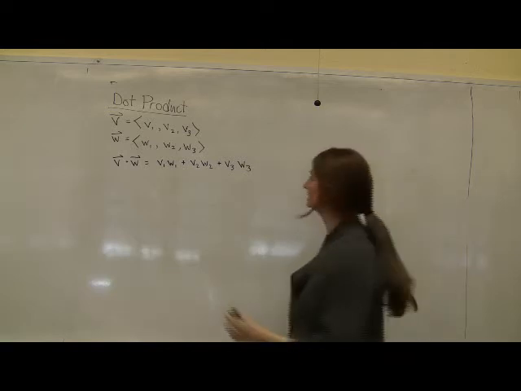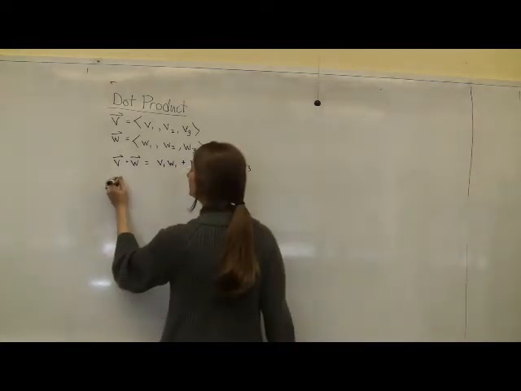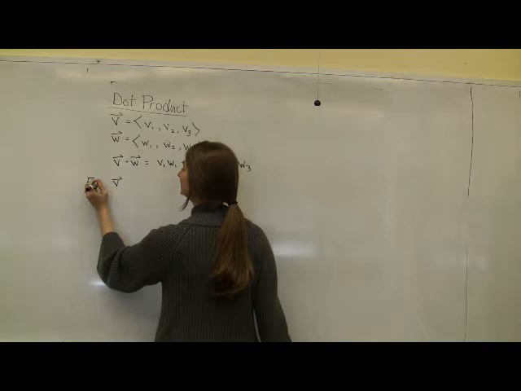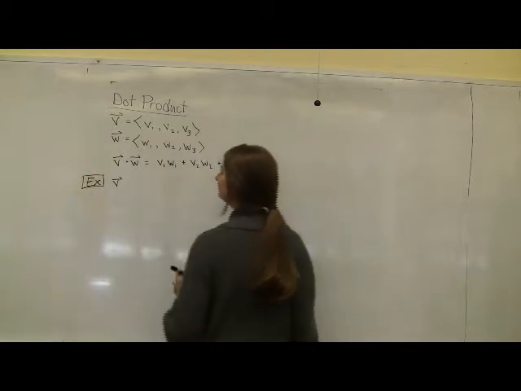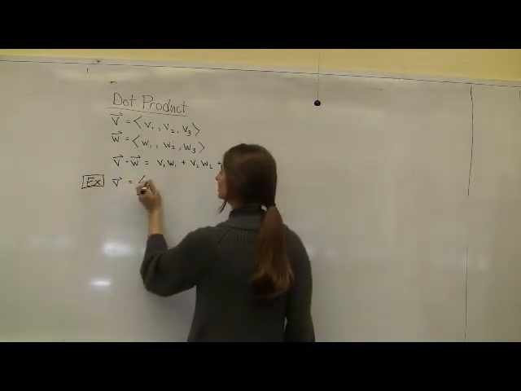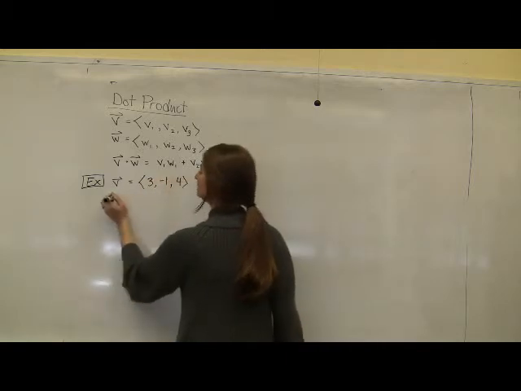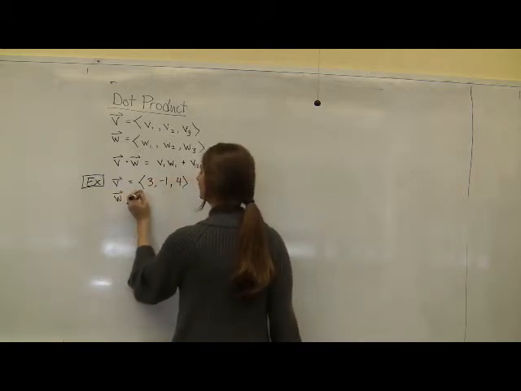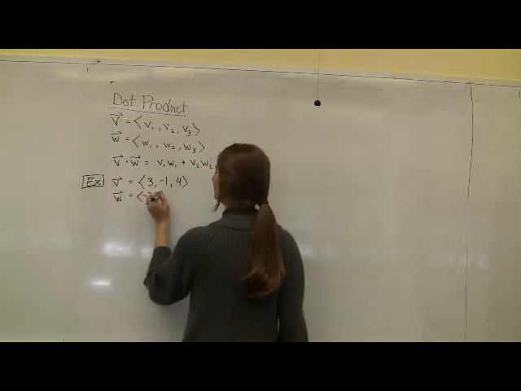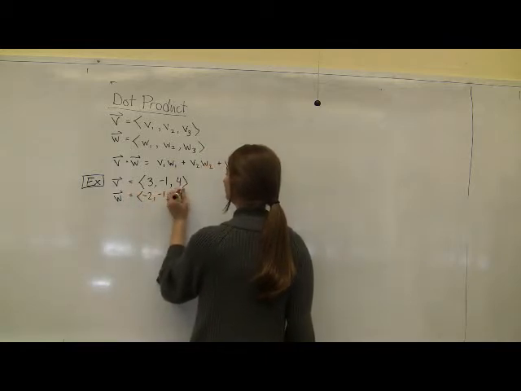Simple enough. Let's see an example. My v vector is given by the vector 3, -1, 4, and my w vector is given by -2, -1, 5.